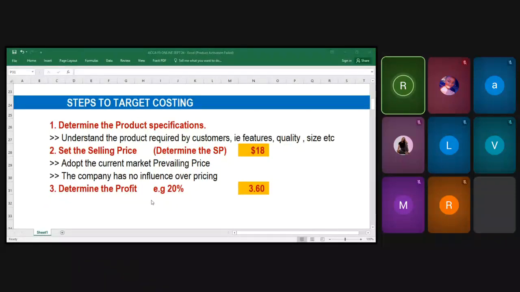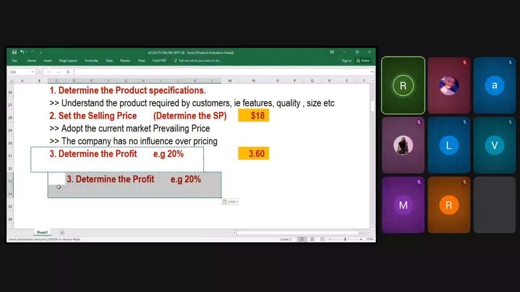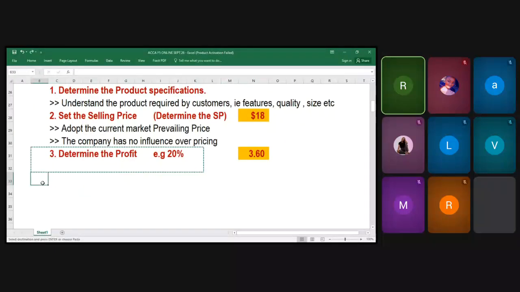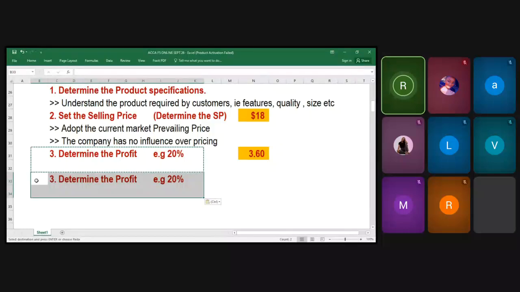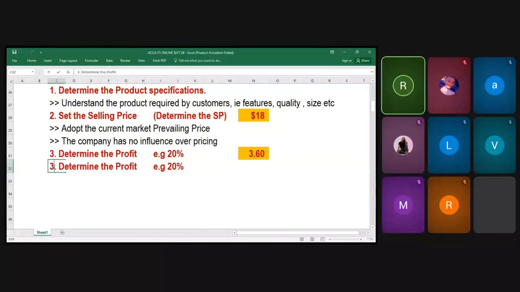Now, step number 4, this is where the topic is coming from. Step number 4, we are going to say, what is the target cost? On step number 4, we are going to calculate the target cost.